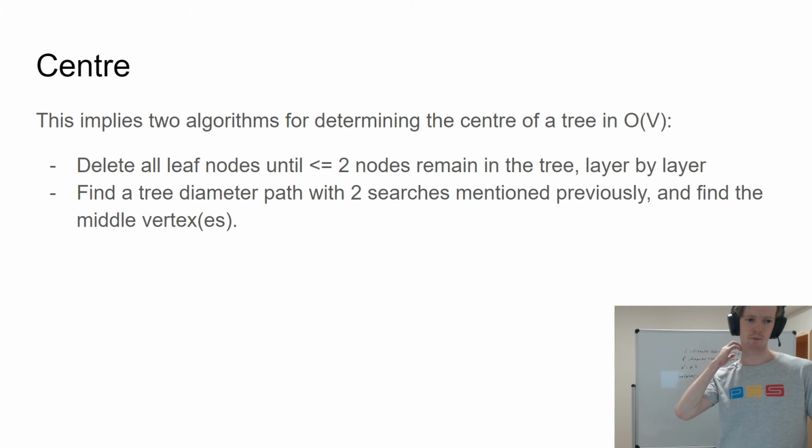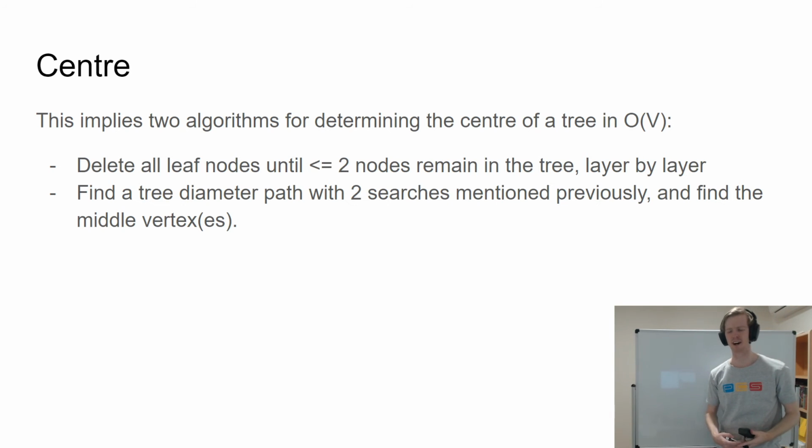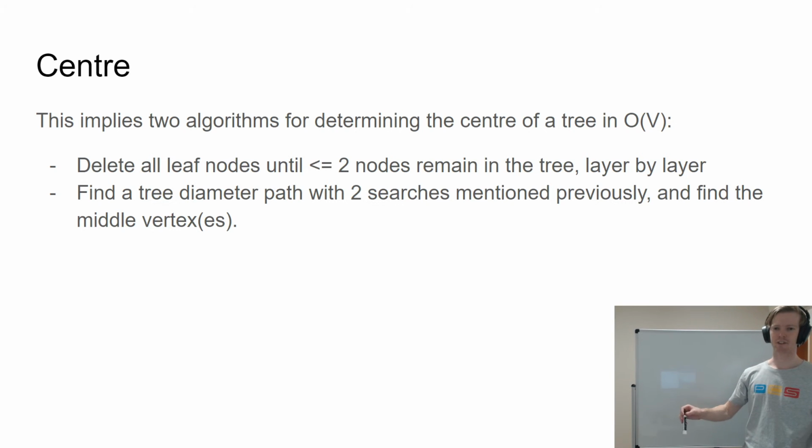And this is pretty much saying that again, I believe. So we now have two algorithms to find the center. Either we find it by looking at every single leaf node and removing it until we're about to erase the tree, and we would store that result.